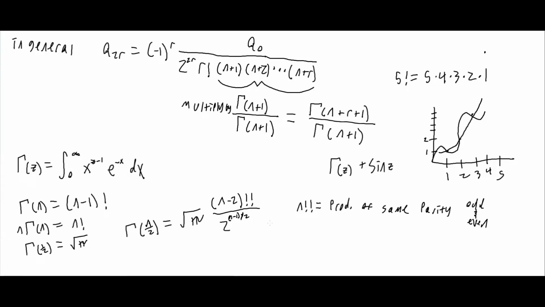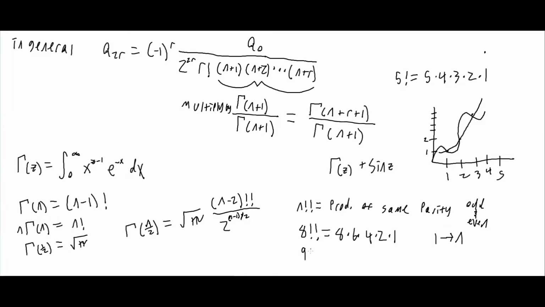And so, for instance, if you had 8 double factorial, that would be 8 times 6 times 4 times 2. Then 1 is just kind of always included because it's defined as the same parity from 1 all the way to n.